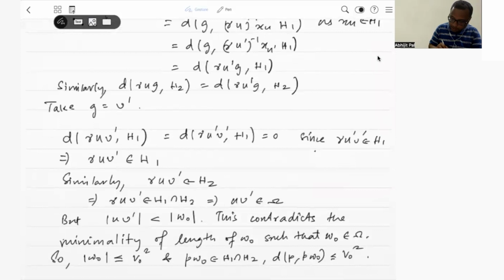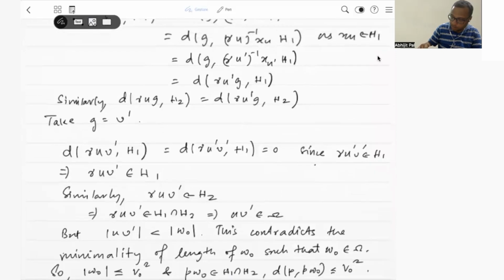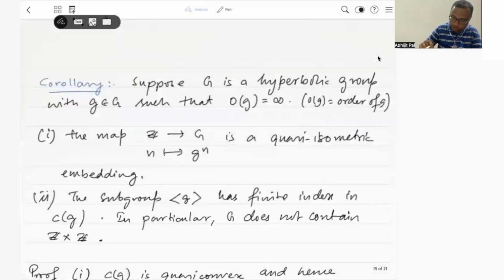And the length of this uv' is strictly less than the length of w₀. So this contradicts the minimality of the length of w₀. Therefore, the length of w₀ is less than or equal to v₀². And pw₀ belongs to H1 intersection H2, and the distance between p and pw₀ is less than or equal to v₀². So we have proved that H1 intersection H2 is a quasi-convex subgroup.